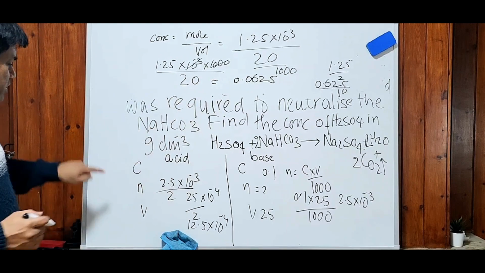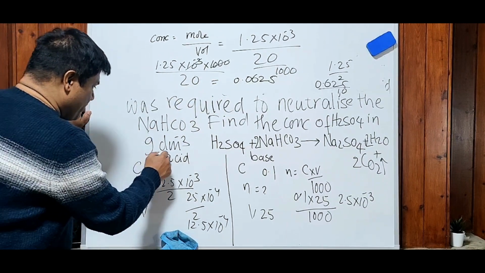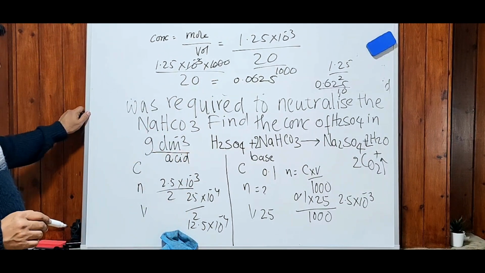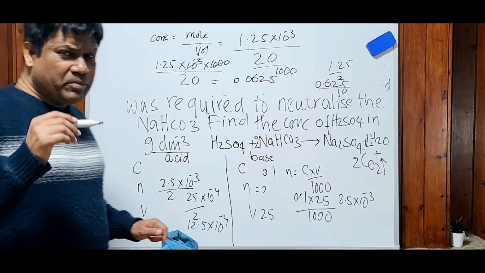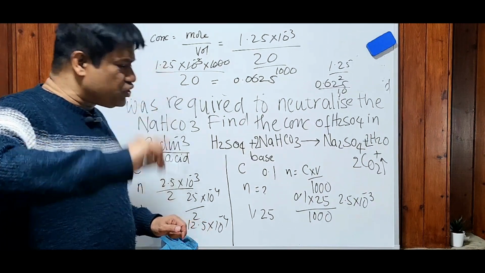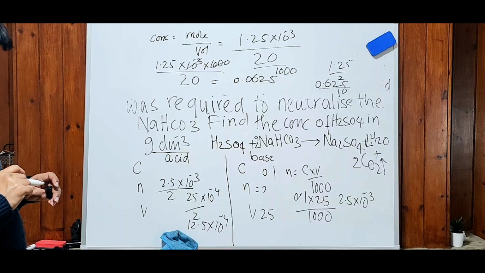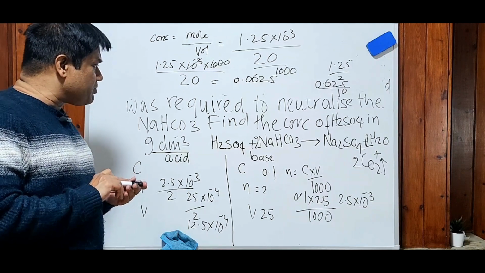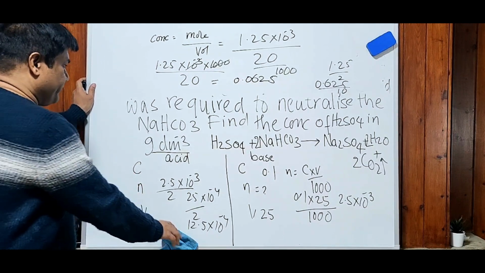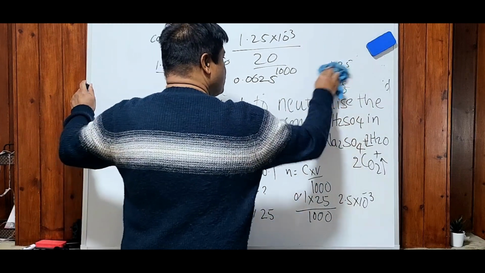But the answer we have to get is in gram per dm cube. I already discussed in my previous video how we can change mole dm minus 3 to gram dm minus 3. That's not the actual answer.